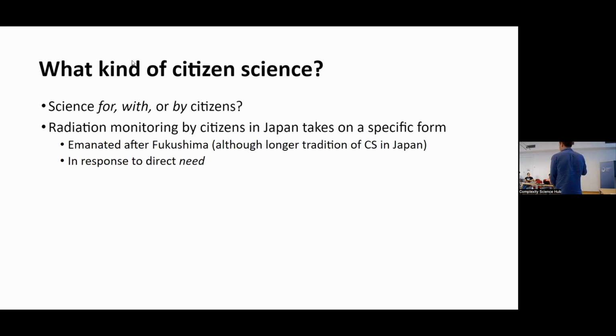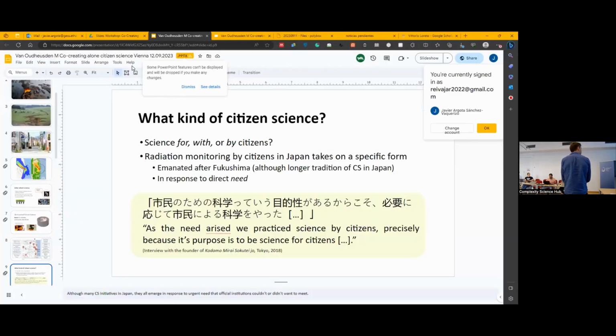Although there is a longer tradition of citizen engagement with science in Japan, which goes back to Chernobyl, among other things. But it's important to focus on, or to say this, that it's about the need that arises as these citizens practice science by citizens, because its purpose is to be science for citizens, right?